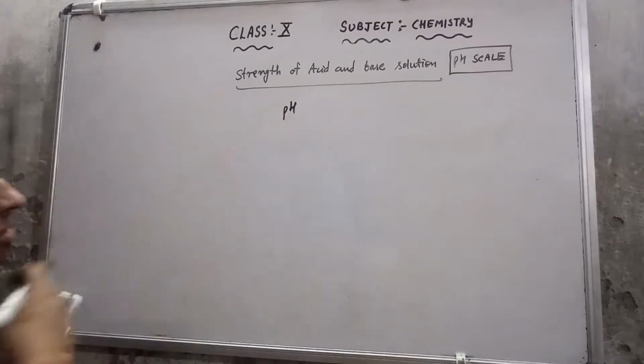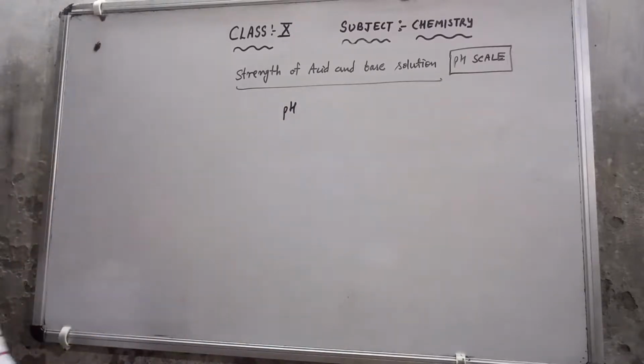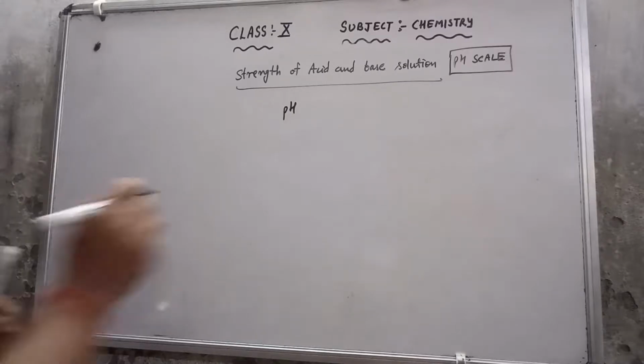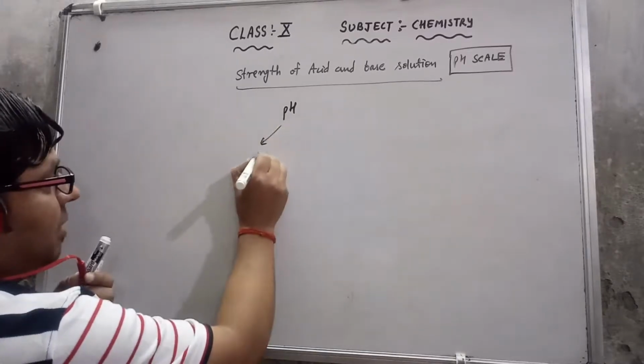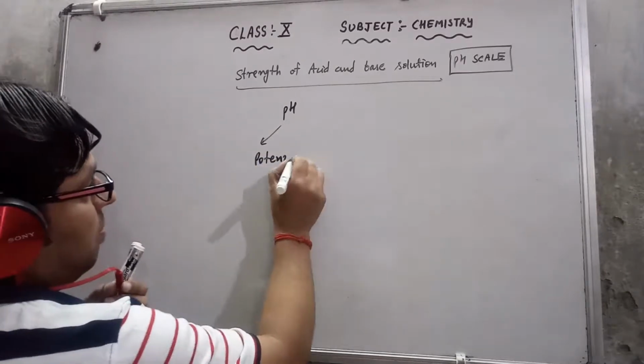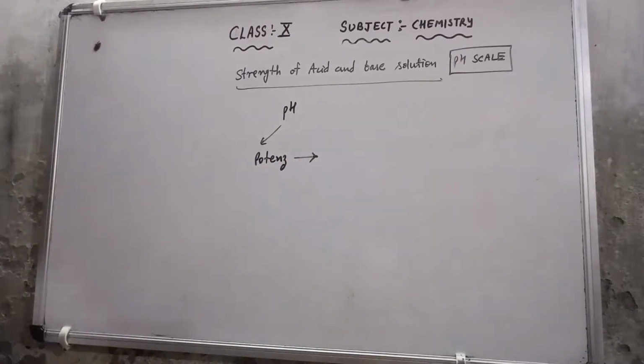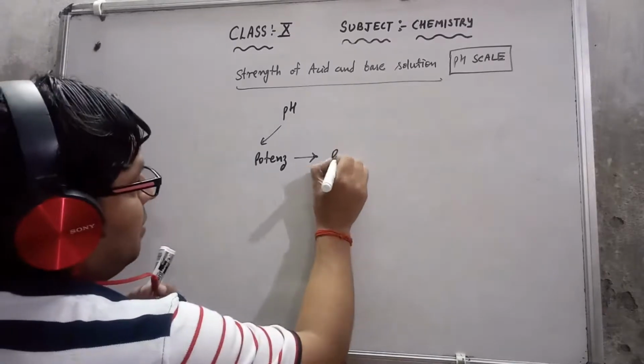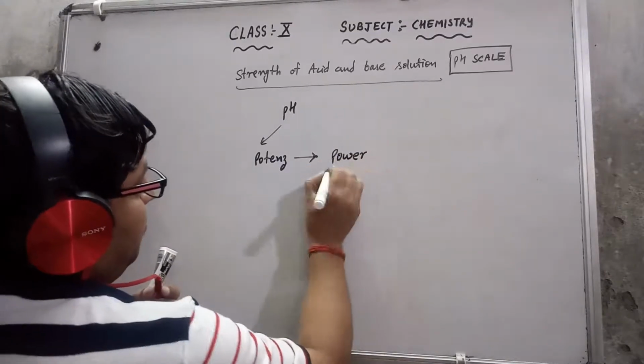This is pH. The meaning of P here is potent. Potent, in German, means power.